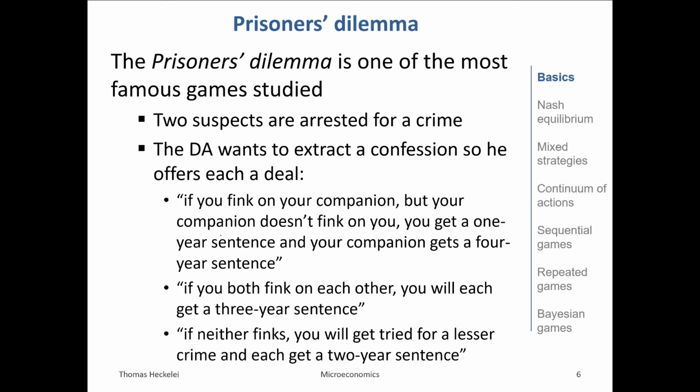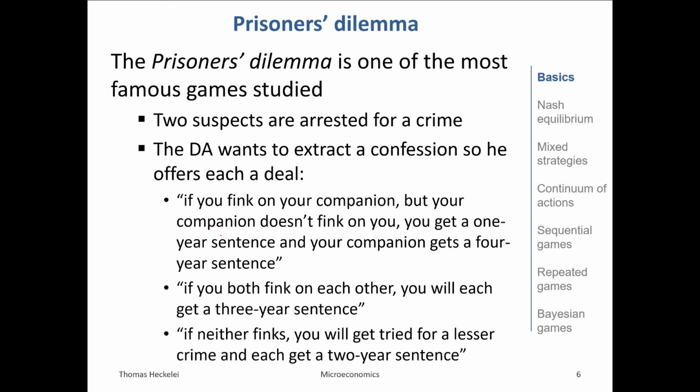And this is a strategic situation because what each suspect will get at the end, how many years in prison, does not only depend on his or her decision, but also depends on the other's decision, and their expected outcomes are obviously not the same, right?